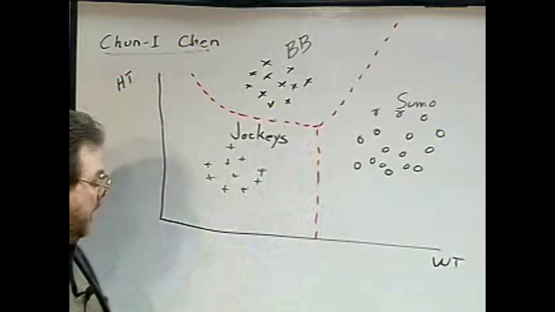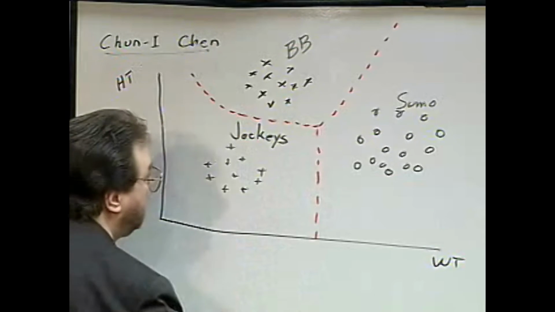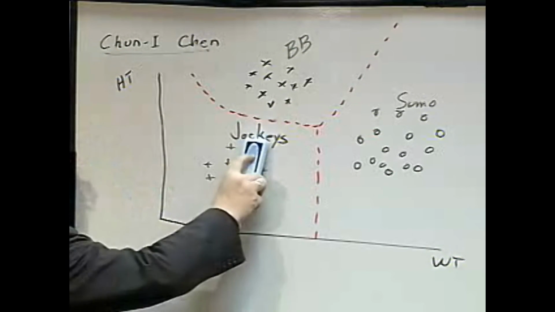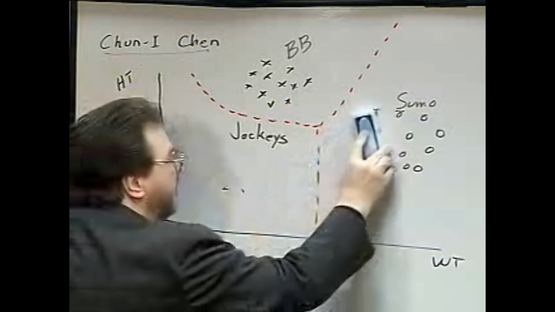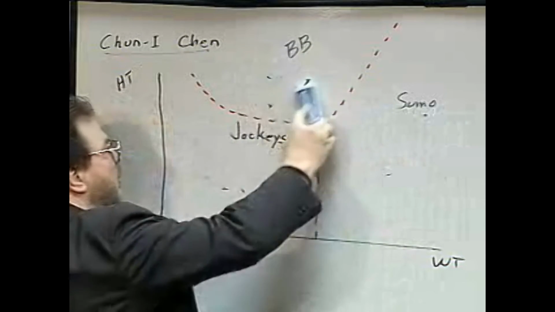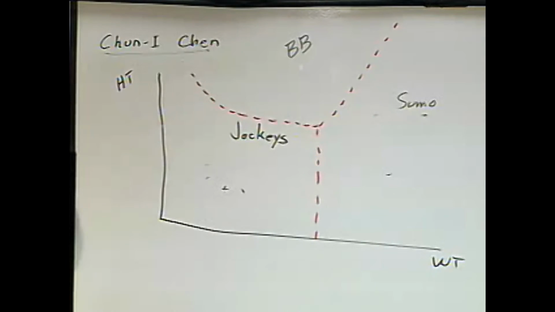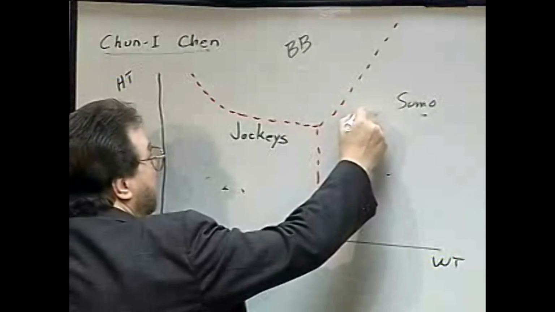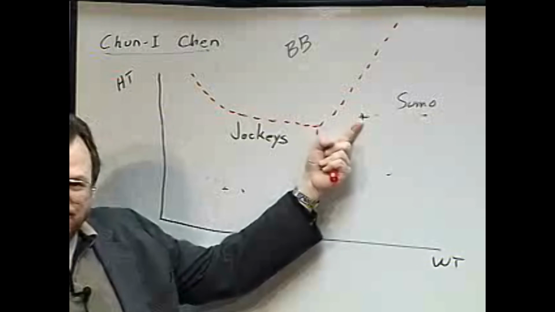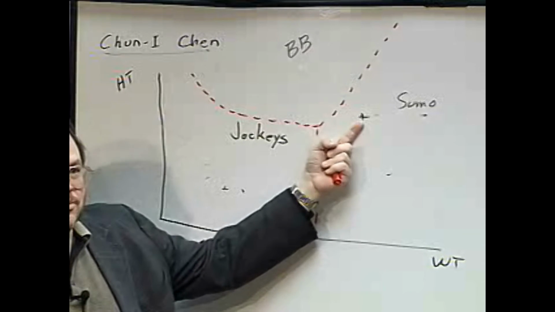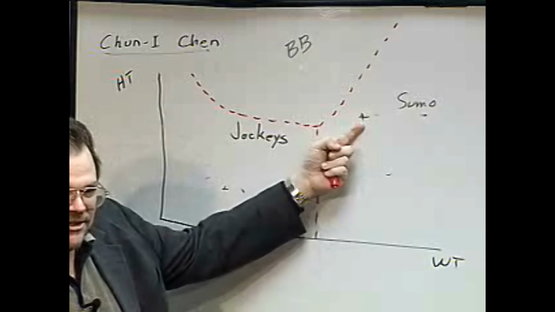Now, once you get done, you have learned the difference between jockeys, basketball players, and sumo wrestlers, because now you don't even need these data points anymore. Because now you have rules which are associated with these boundary points, and if a guy comes in and it's in this region, this might not even be a guy that you saw before, you say, that's a sumo wrestler, because it's on this side of the partition.